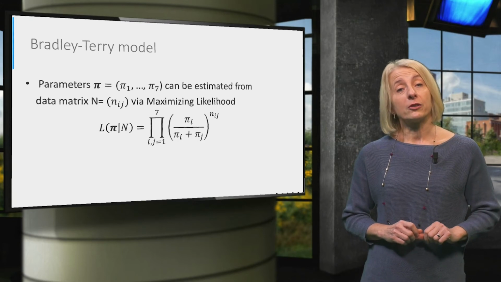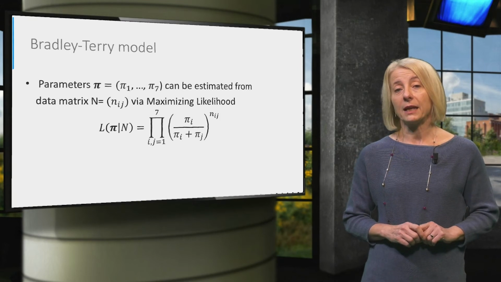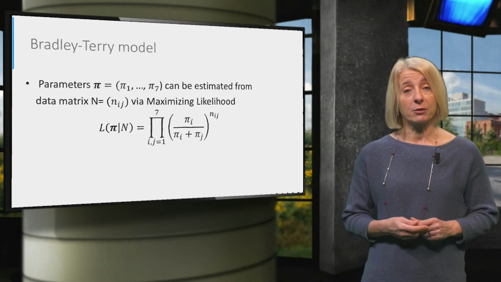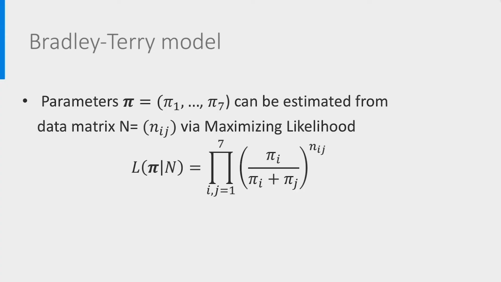The preference potentials, which are parameters of the Bradley-Terry model, can be estimated from the matrix N by maximizing the likelihood. The likelihood function is simply the product over all pairs of alternatives of the probability that the alternative I is preferred to the alternative J, to the power of the number of experts who preferred I to J, hence to the power of N_ij.